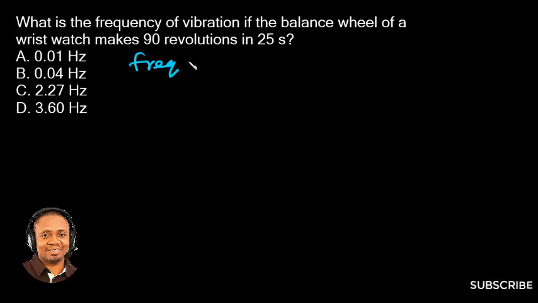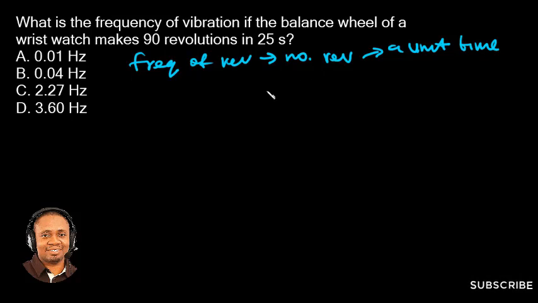The frequency of revolution is the number of revolutions in a unit time. Okay, good. And so frequency is equal to 1 divided by the period which is required to complete one revolution.